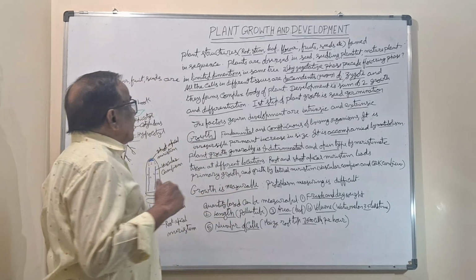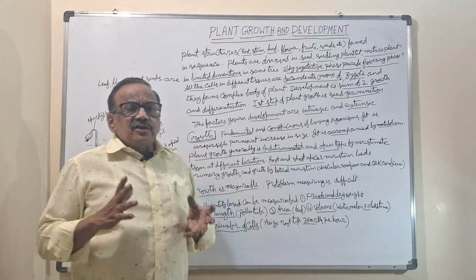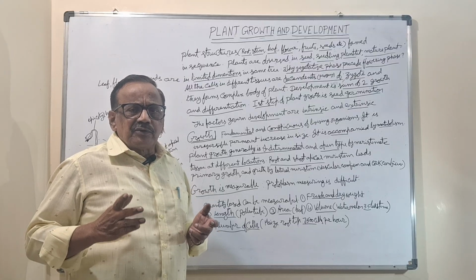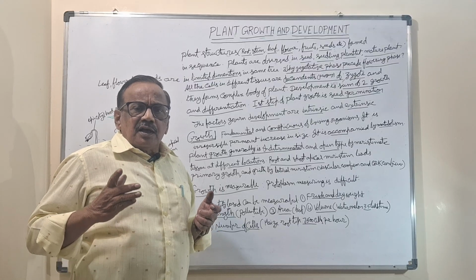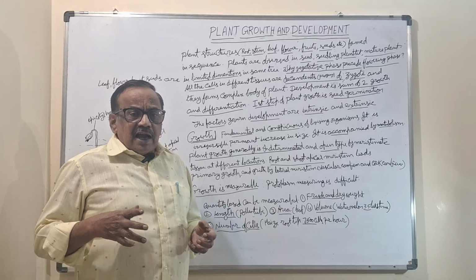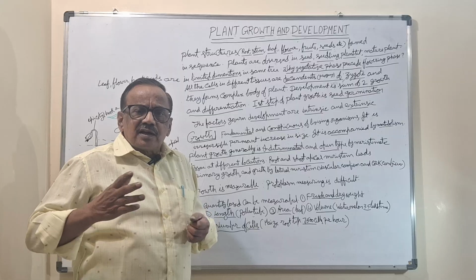Now see here, whenever you are observing a plant, the plant has different structures: root, stem, leaf, flower, fruit, and seed. Many structures are present, and these structures are sequential, which means they come one after another.